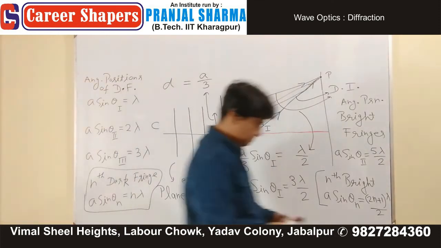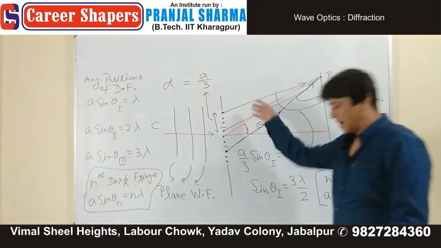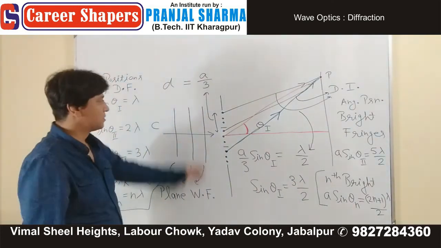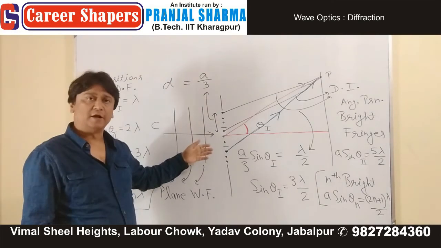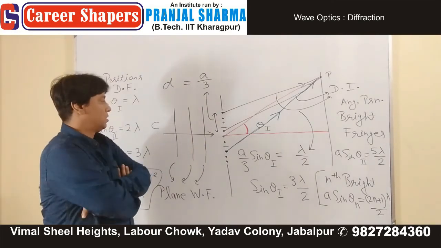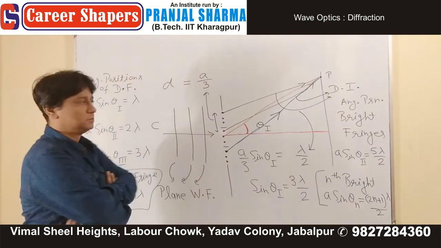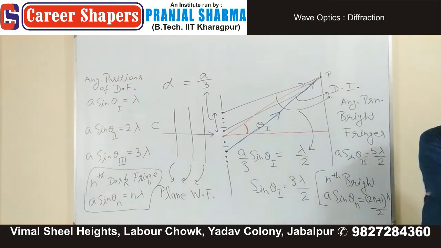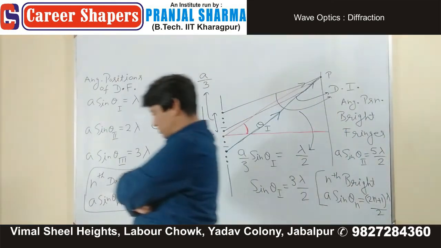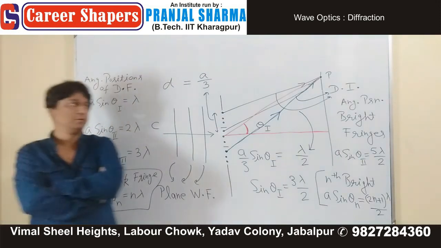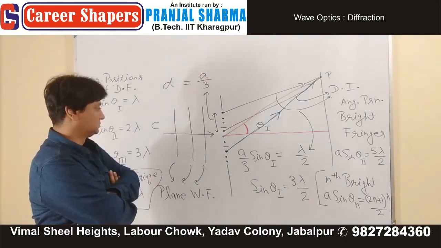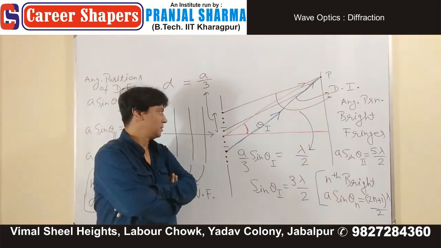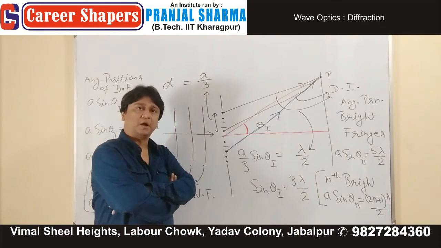Write down the statement. For bright fringes, the slit is divided into odd number partitions. For the first bright fringe, we make 3 partitions.